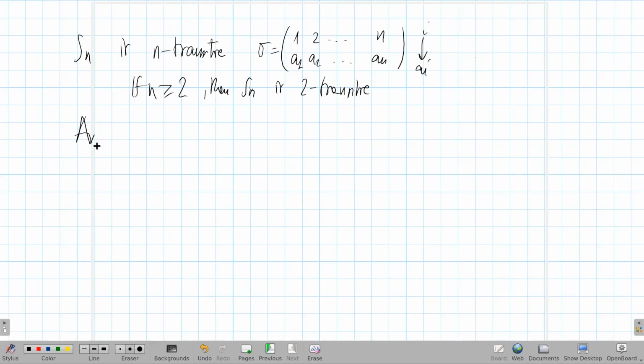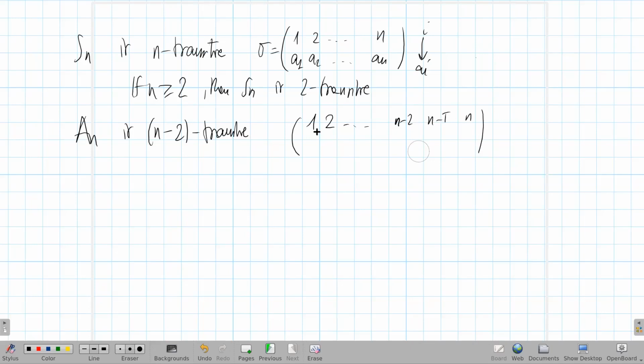As to A_n, well, let's state it. A_n is (n-2)-transitive. And the reason is the following. Well, of course, n has to be big enough that this makes sense.